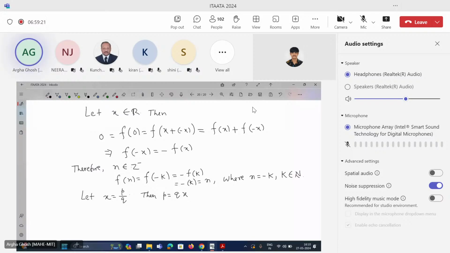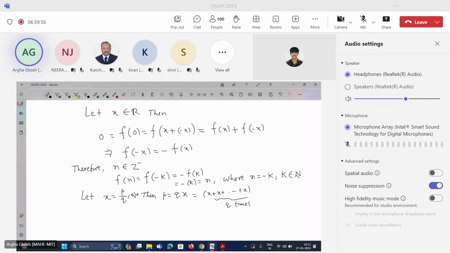We can make it in such a way that Q is greater than 0. If we have a negative number, take the minus sign in the numerator. Then P equals qx, which can be written as x plus x, how many times? Q times. Correct? Because it's a positive integer, you can think about it.